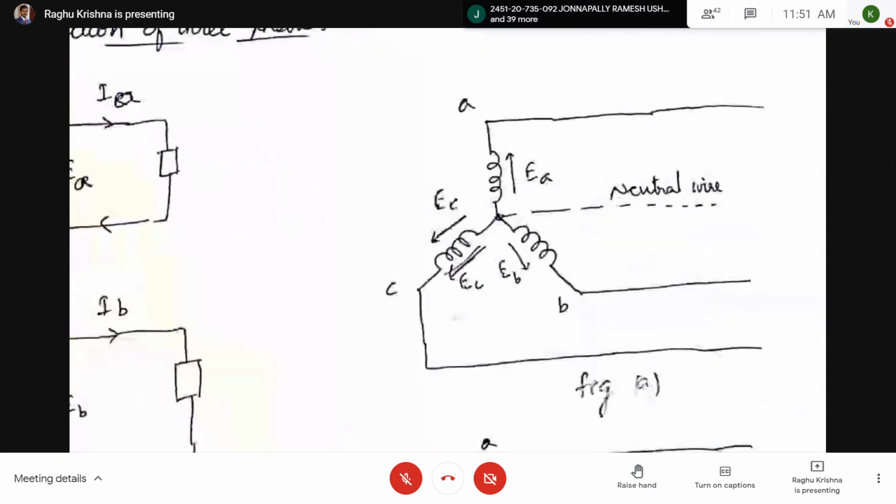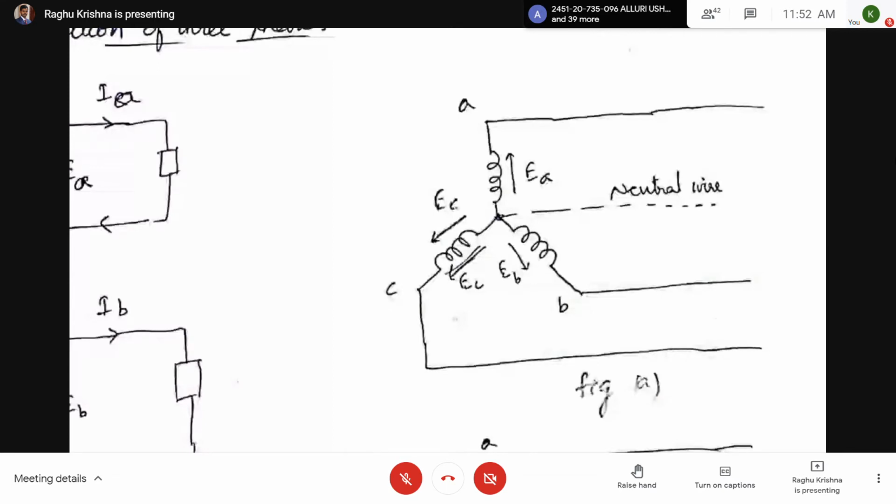It is the voltage between the neutral and the start end of the coil, that is A. That means EA is the voltage between A phase and the neutral, or simply A and the neutral.